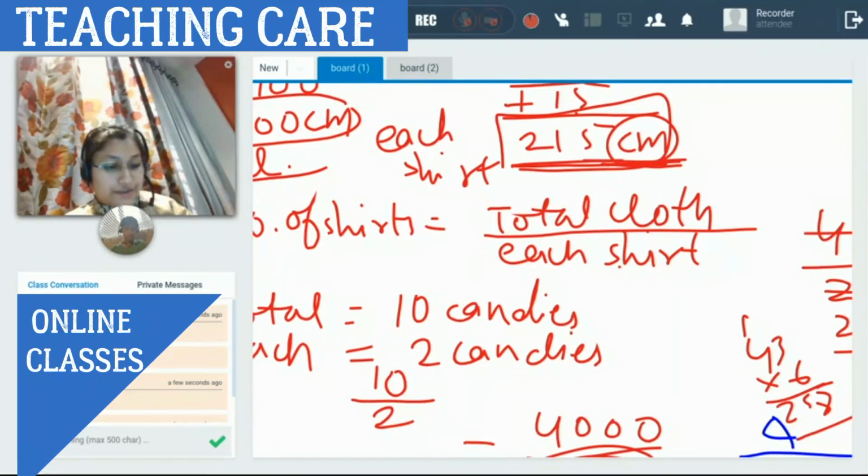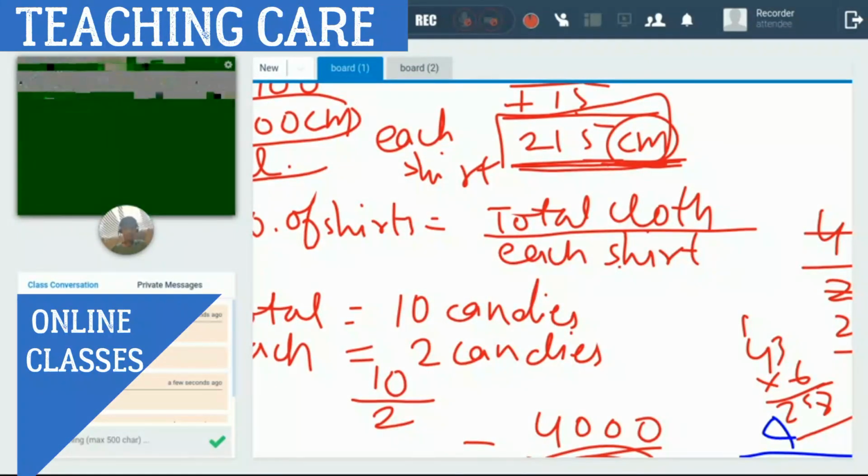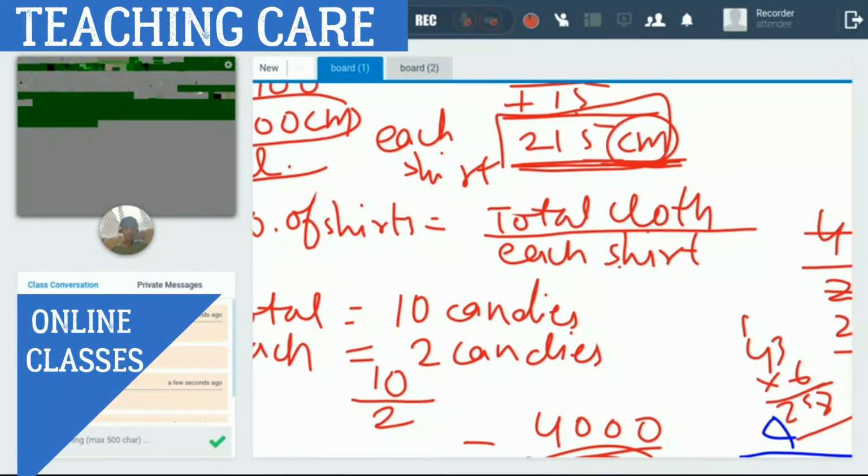Roman numbers we'll do in the next class. Now you are having a lot of time with you. Today is Thursday. Your next class is on Monday. So till Monday you have to complete all these 3 exercises. Exercise 1, 2 and 3.